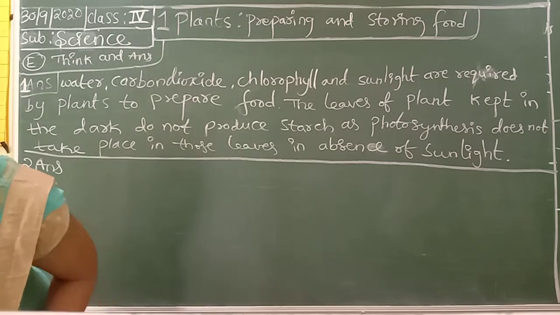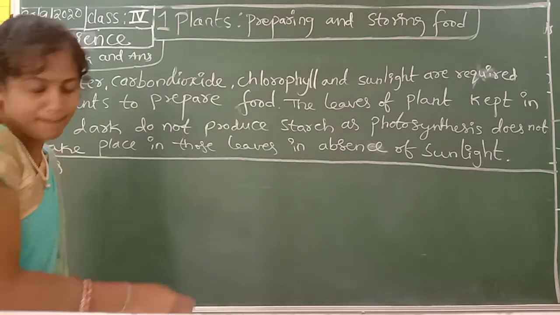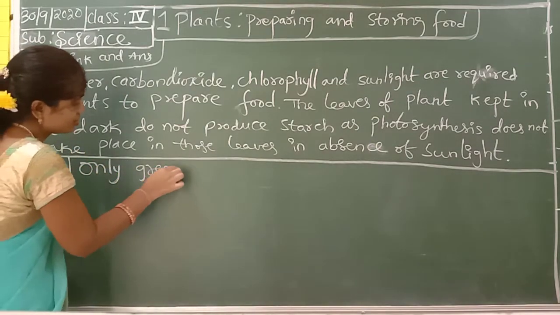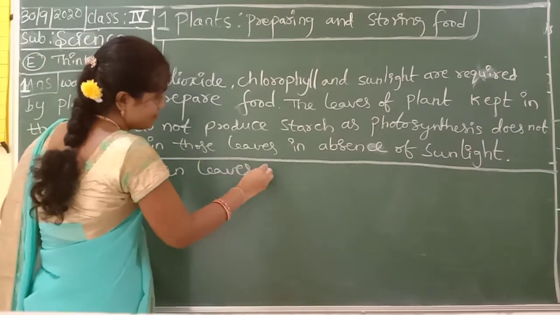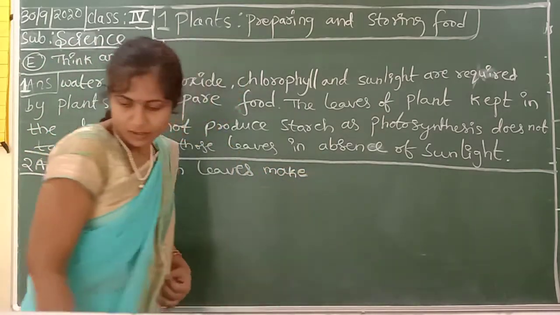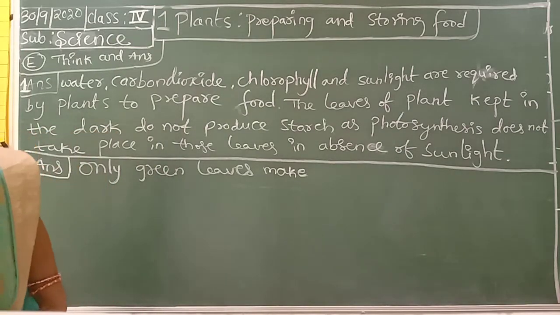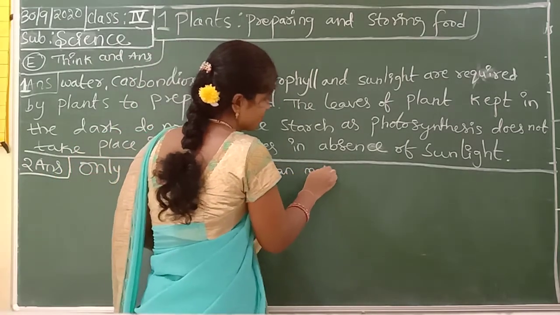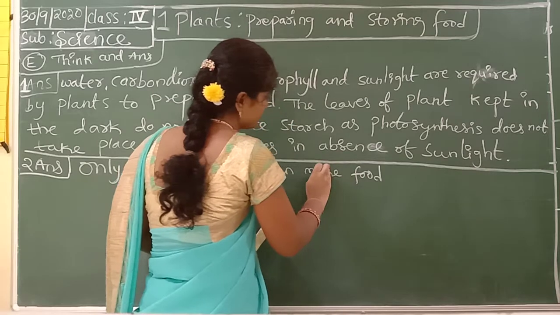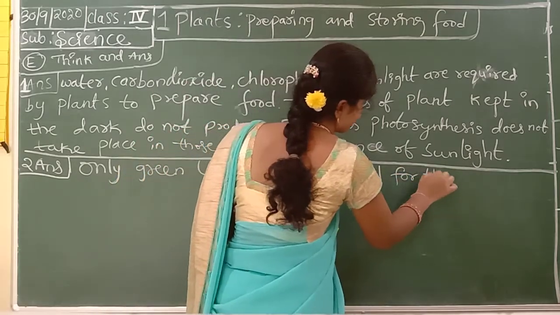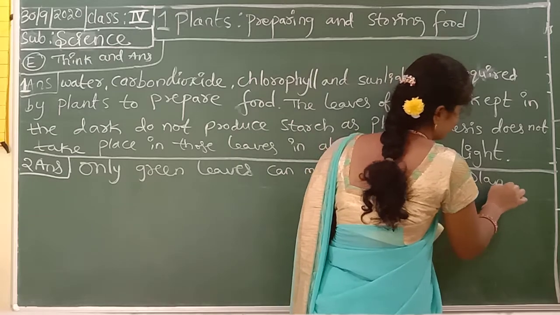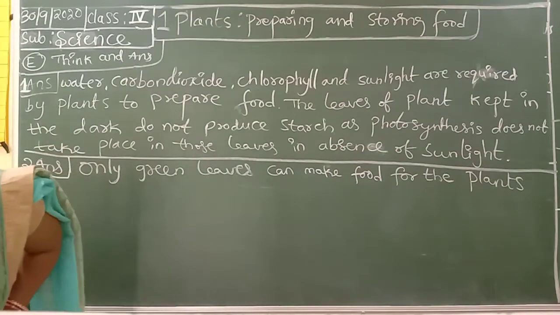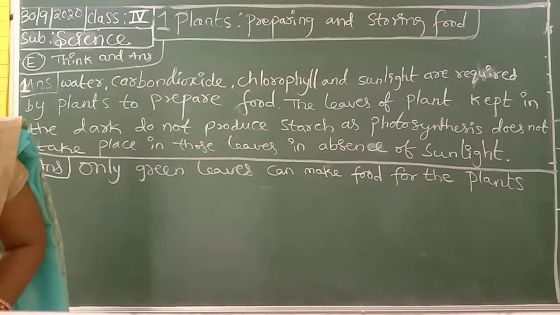So only green leaves can make food for the plants, since they contain chlorophyll.